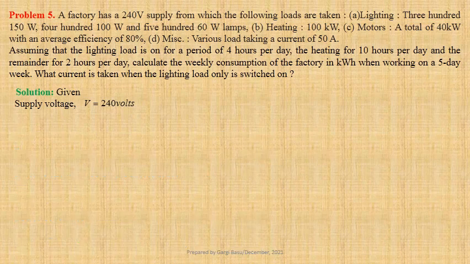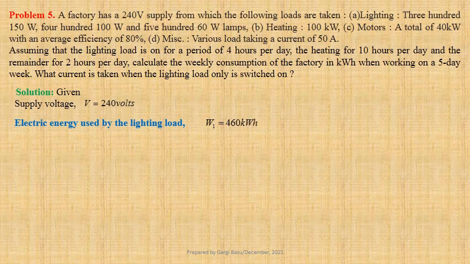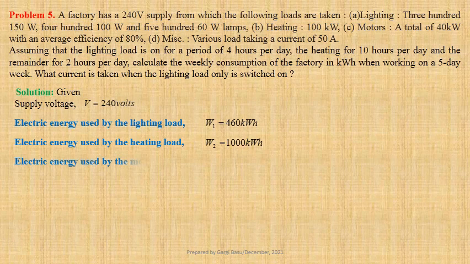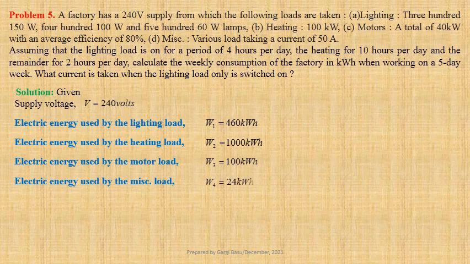We have obtained electric energy used by the lighting load W1 equals 460 kilowatt hours. Electric energy used by the heating load W2 equals 1000 kilowatt hours. Electric energy used by the motor load W3 equals 100 kilowatt hours, and electric energy used by the miscellaneous load W4 equals 24 kilowatt hours. Let us now calculate electric energy used per day.